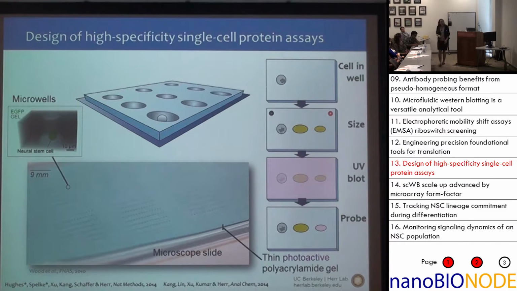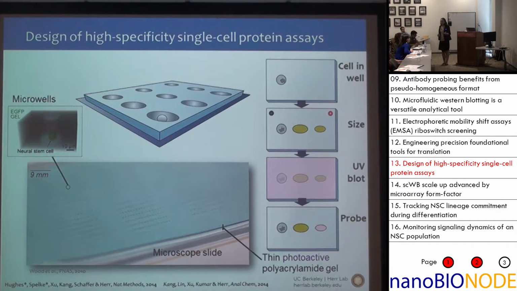And basically for us, that physics means we need to lyse the cell and do every single stage of the assay as fast as possible so that the lysate does not get diluted, right? Because once that lysate gets diluted, my sensitivity is too low. I'm not able to detect the proteins.